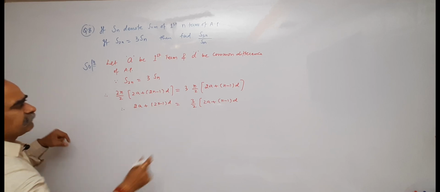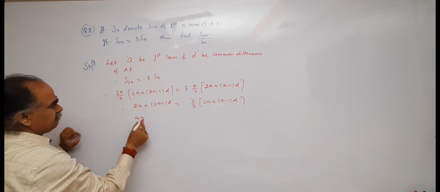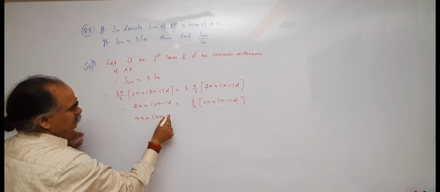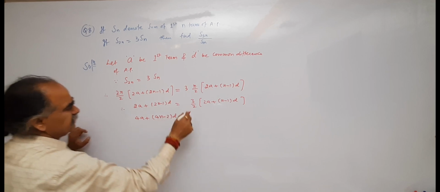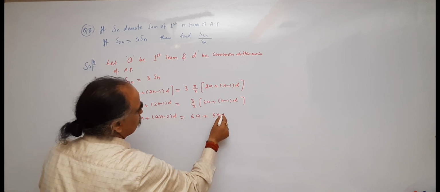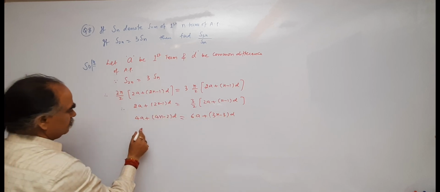Upon 2, you cross multiply and 3 you multiply on that side. So 4a plus 2 into 2n minus 1, that is 4n minus 2, D is equal to 6a plus 3n minus 3, D. Bring D on this side.